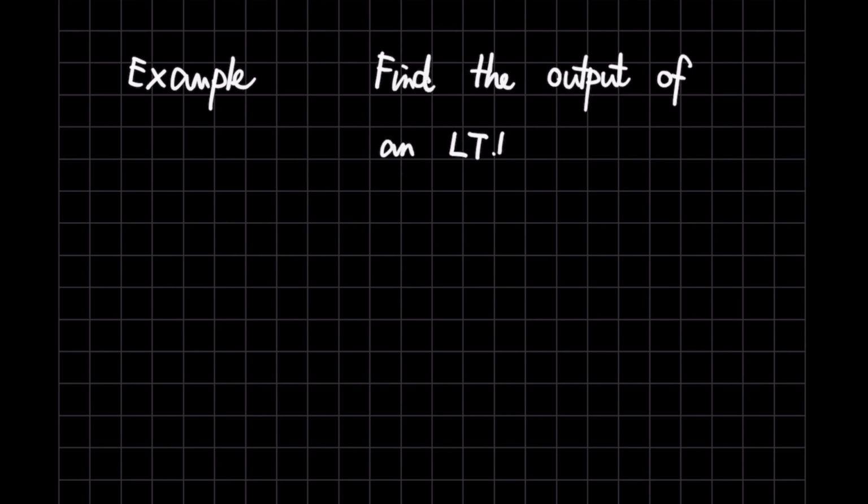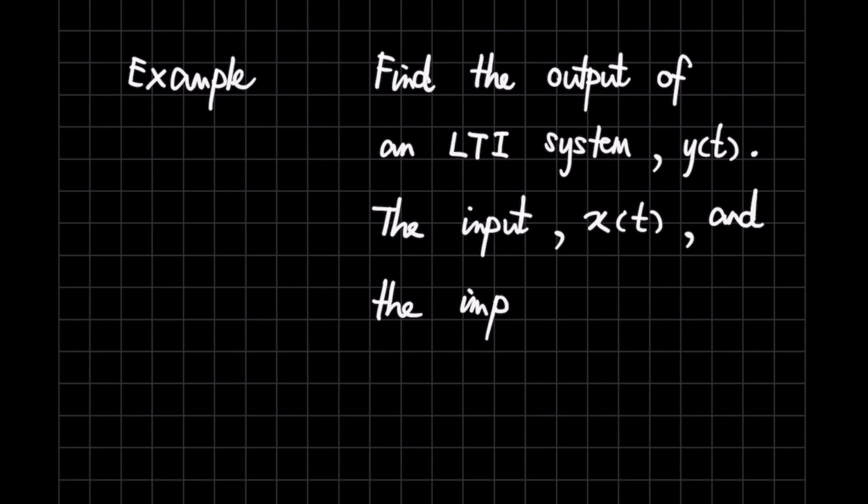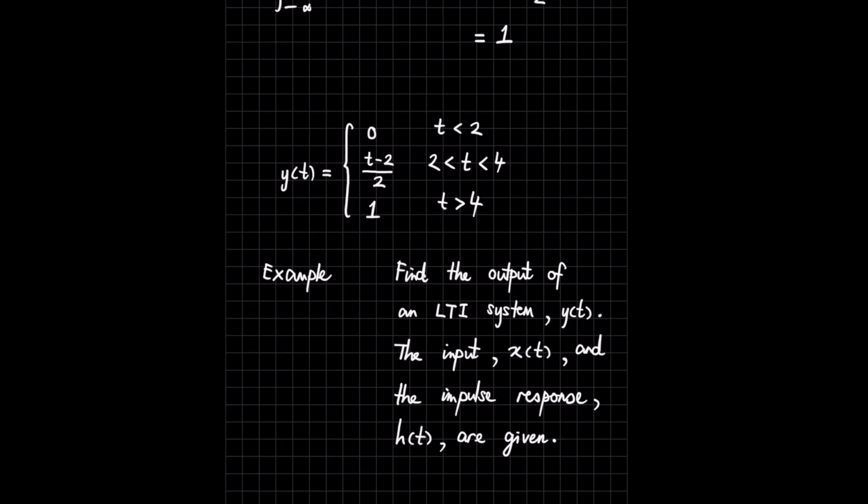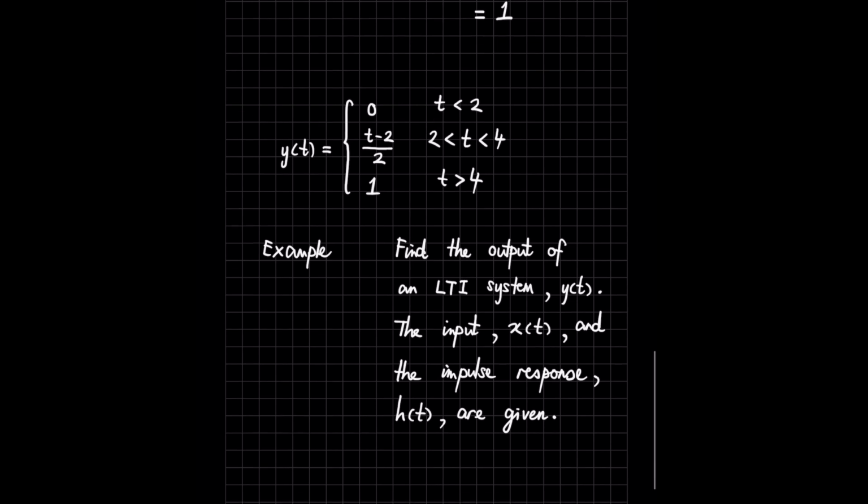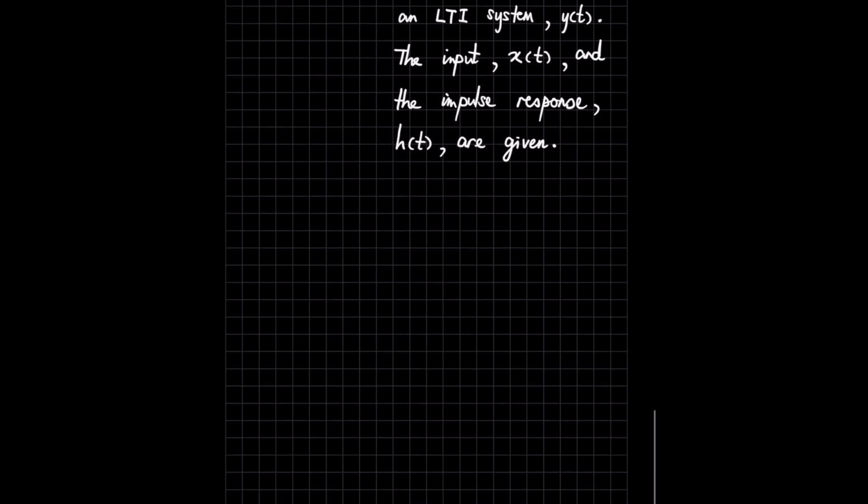Now consider the following example. We have one LTI system. We want to find the output of the LTI system yt. The input to the LTI system is xt, and the impulse response of the LTI system is ht. The xt and the ht are given as follows.